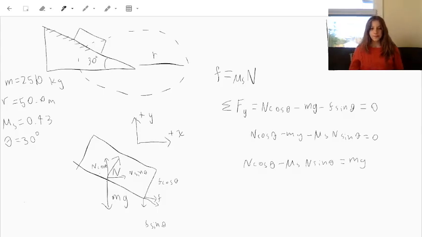And then I'm going to factor out the n. Here's n times cosine theta minus mu s sine theta equal to mg.